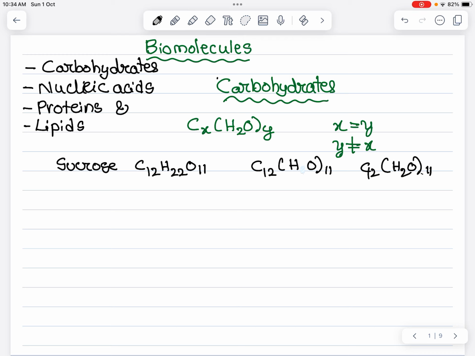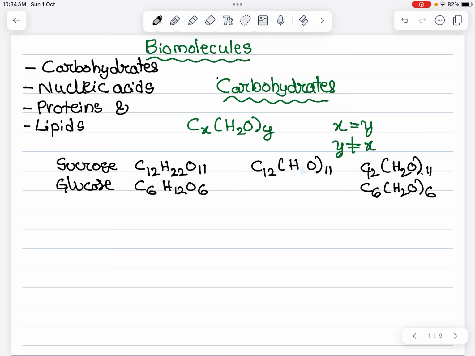So let us take glucose, C6H12O6. This can be written as C6(H2O)6.